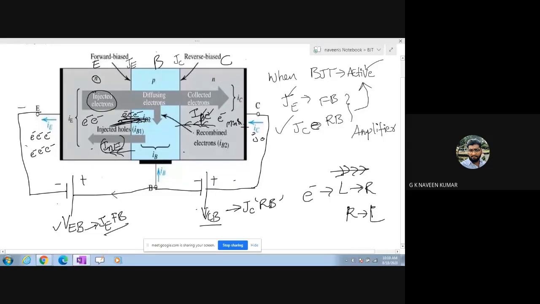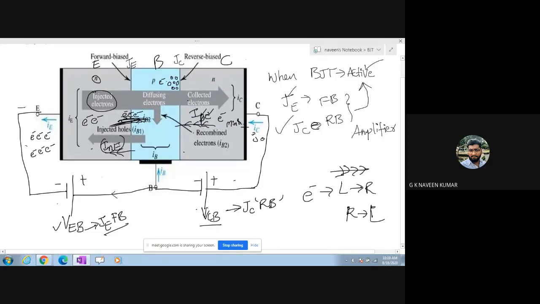Now coming to this one, here in the base. In the base, what happens? Electrons are coming, as P already has minority carriers as electrons and majority carriers as holes. More number of holes, less number of electrons. So more electrons will recombine here, and here the current will start flowing.